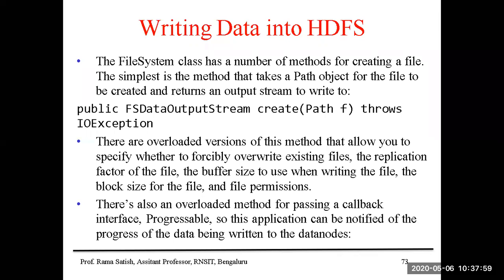So the simplest method that we have in this file system class takes the path of the object for the file to create and returns the output stream. This is the method. Create is the method. Certainly what this create method will do is take the entire path and return a stream object.